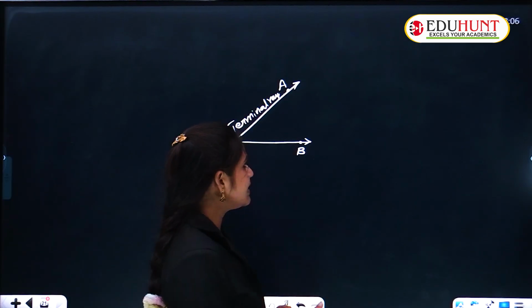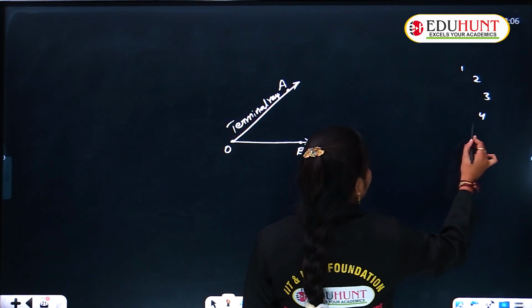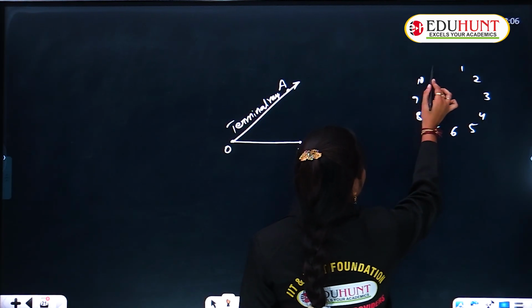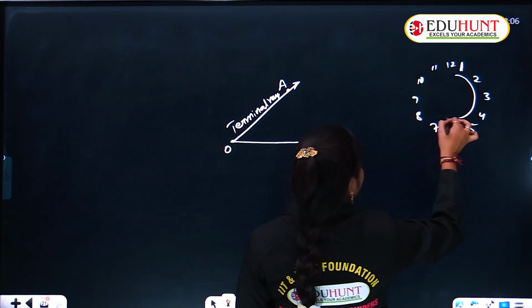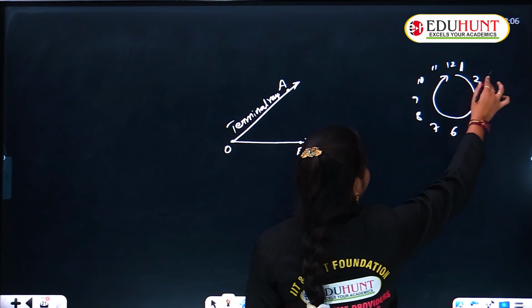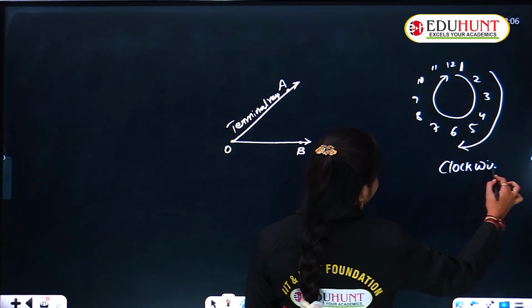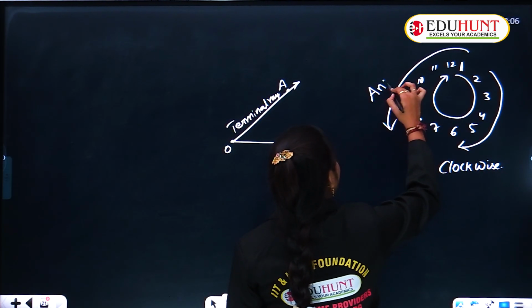Now here children see that, okay, this direction is called clockwise direction. Okay, and this direction is called anti-clockwise direction.